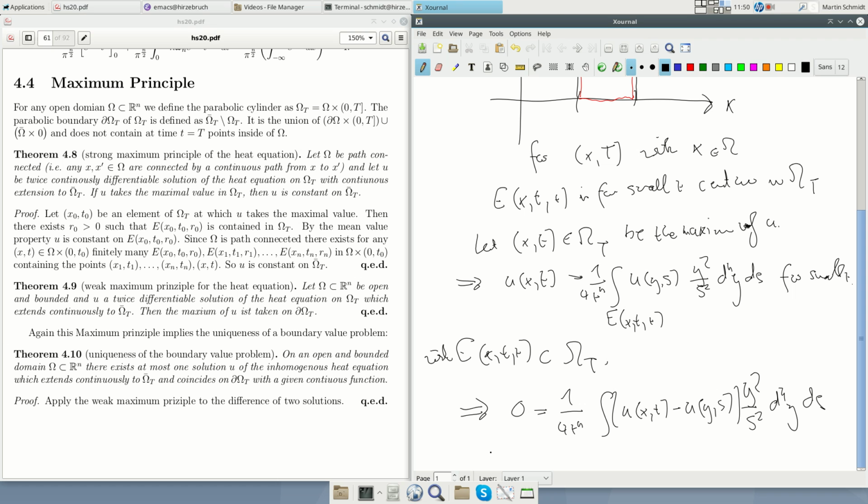And of course, by the maximum principle, since this is the maximum, this is the integral of the absolute value of u of x, t minus u of y, s, times y squared over s squared dy ds.